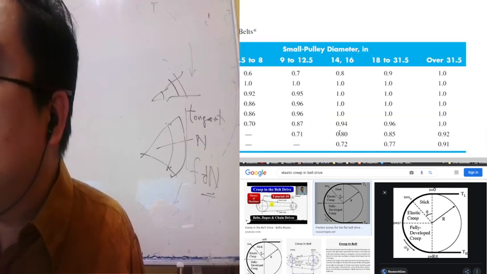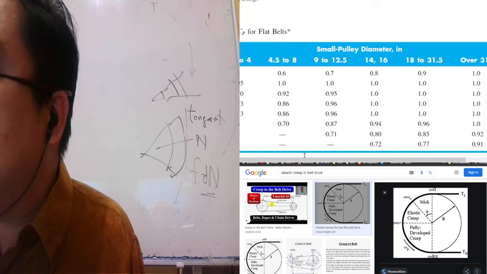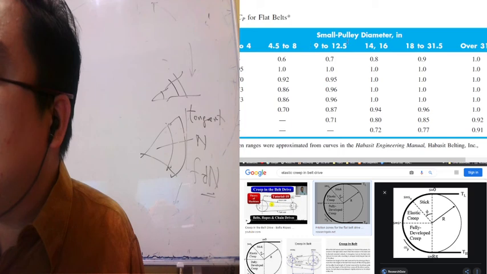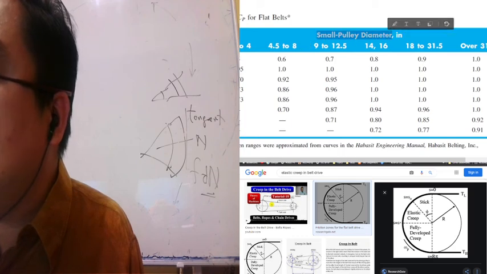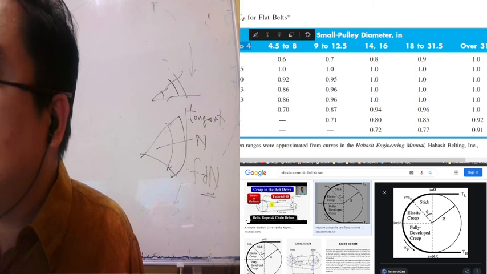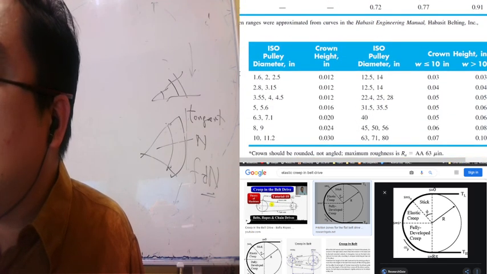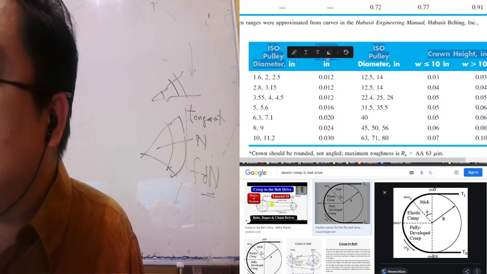And this is the pulley correction factor CP for flat belts, for the small pulley diameter in inches and the material, leather and polymer. And this is the crown height and ISO pulley diameters for flat belts.